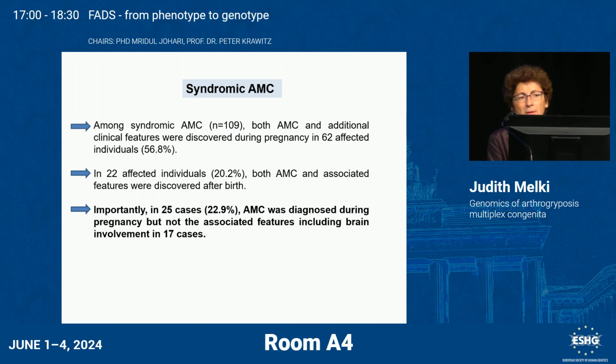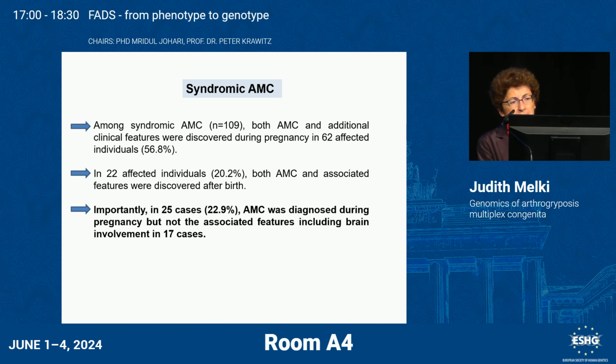In syndromic AMC, both AMC and additional clinical features were discovered during pregnancy in 66% of cases. In 22 affected individuals, so 20% of patients, both AMC and associated features were discovered only after birth.